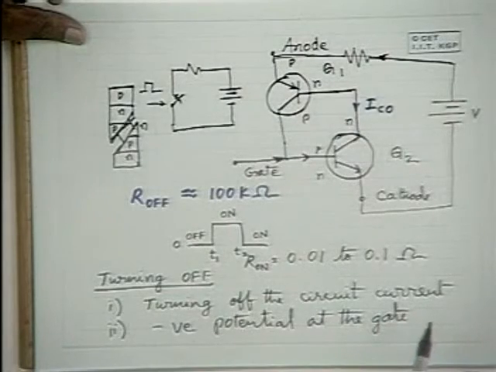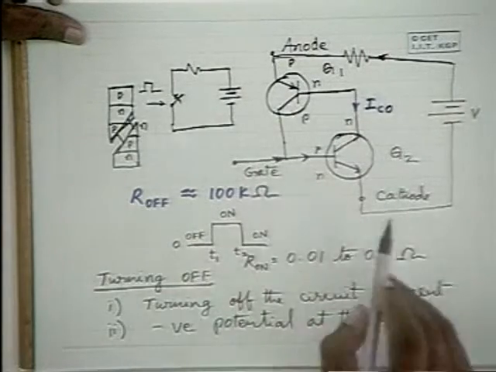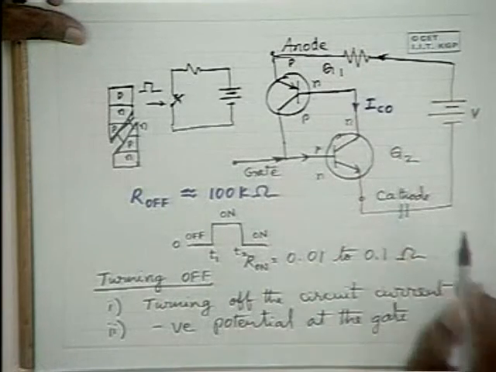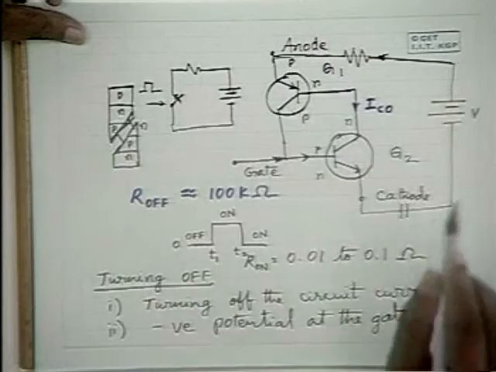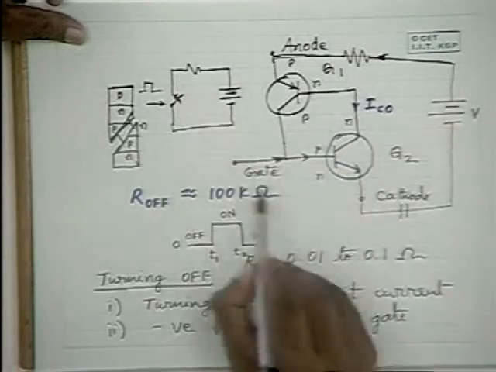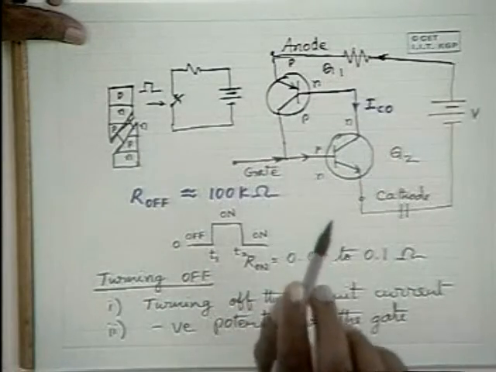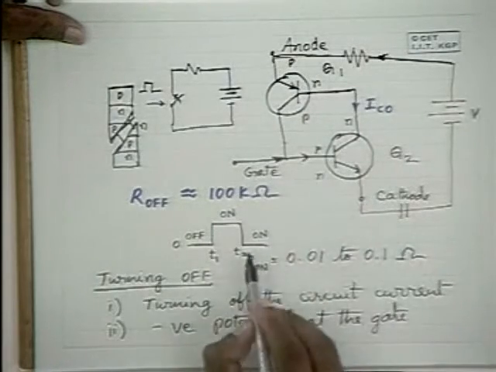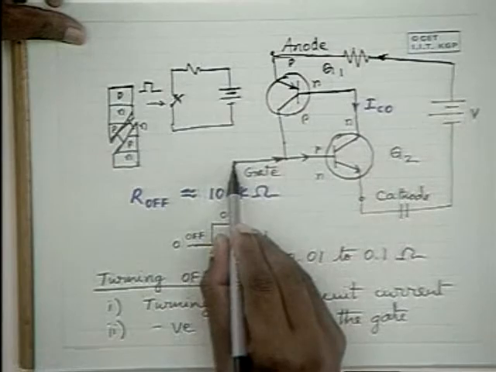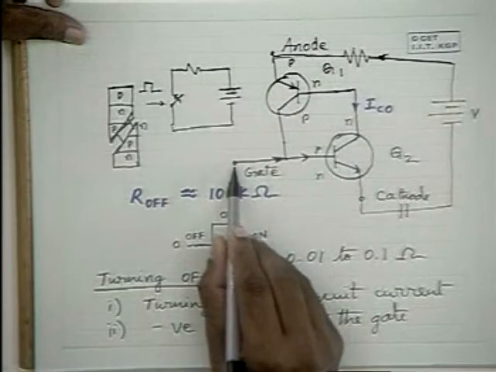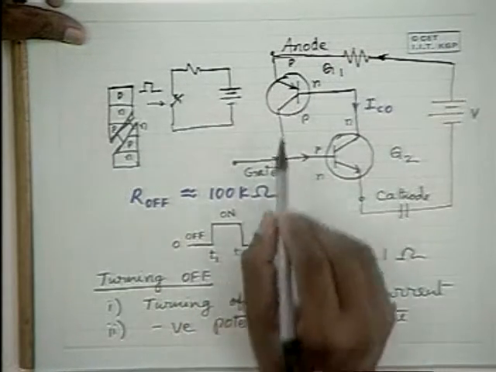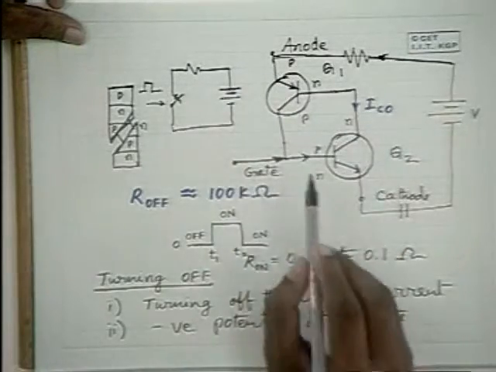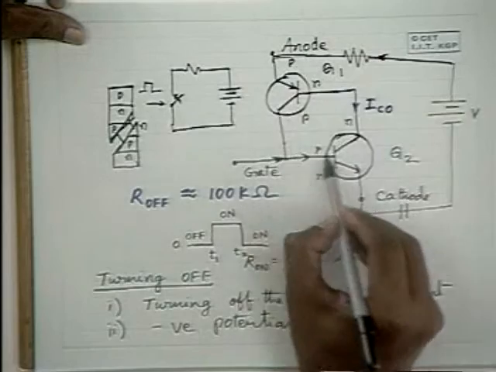Now, if this is turned on, that means if the circuit is broken somehow, or the current flowing through the SCR is made to go down to 0, then when there is no potential applied here, that means when it is at ground potential, and the current is broken, there is a discontinuity in the current.